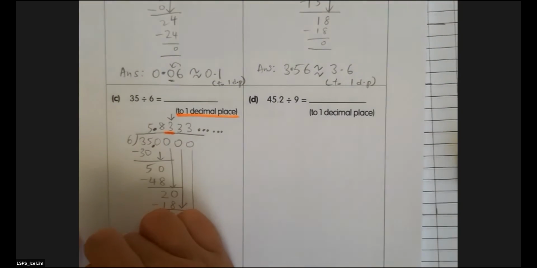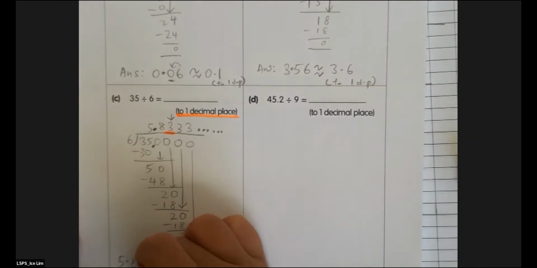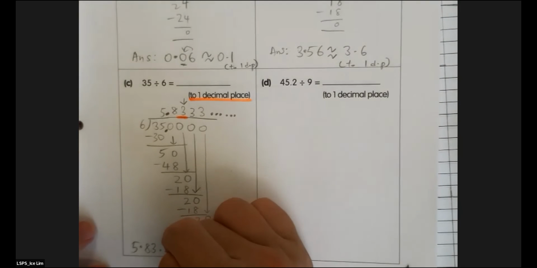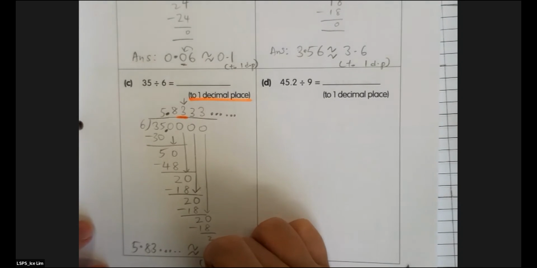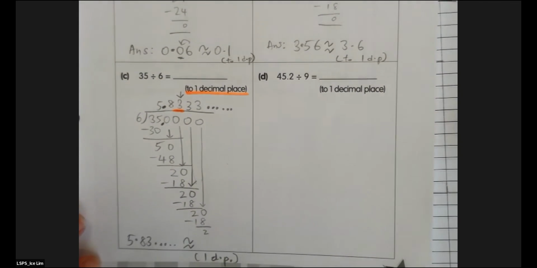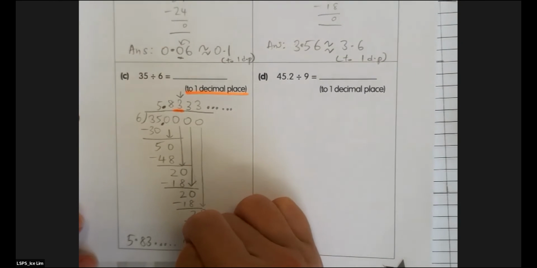So I will say it's 5.83 forever. I have to round to one decimal place, which will be 5.8.